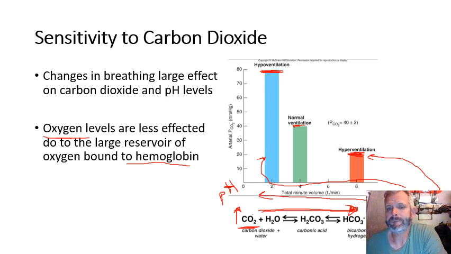But you can see what happens if I hypoventilate: I breathe less or stop breathing. My CO2 levels are going to go up because I'm not expelling CO2 as regularly. Or when I hyperventilate, what's going to happen to my CO2 levels? They are going to go down because I'm expelling them more quickly.